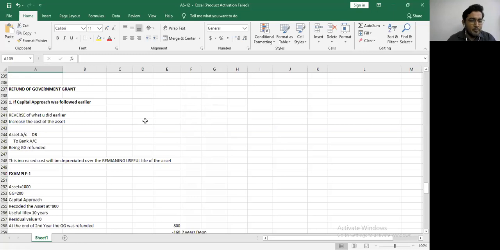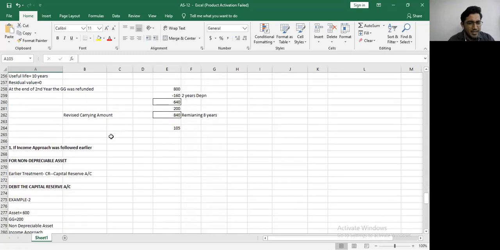So the journal entry will be asset account debit to bank account, being government grant refunded. This increased cost will be depreciated over the remaining useful life of the asset. Right, we took one example to understand that as well.